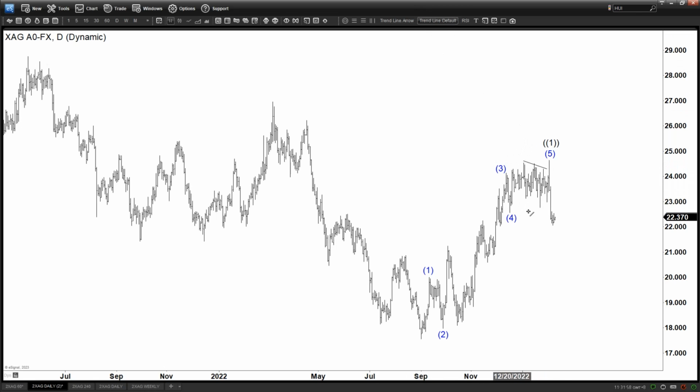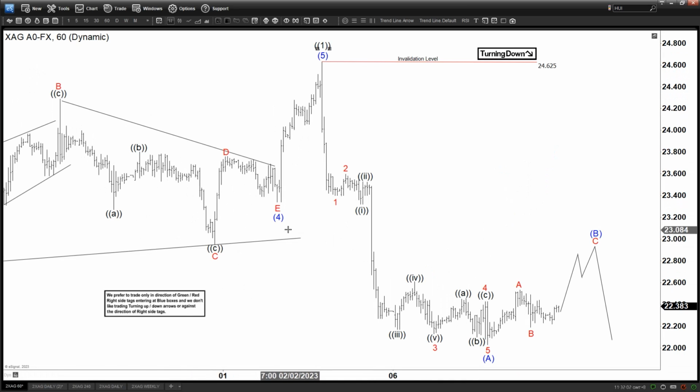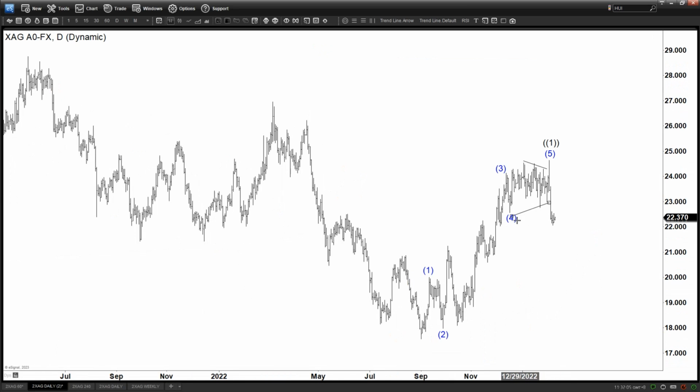Some sort of triangle is possible here, which is what we are showing here, A, B, C, D, E, to finish 4 here before one more push higher, 5. Right, so basically what we are doing here is that, excuse me, we are correcting this cycle from the lows, from the September low.